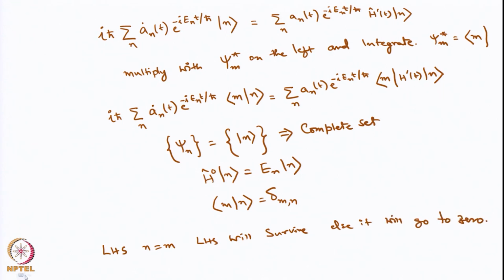Okay. So, the LHS will now be equal to Σ_n iħ ȧ_n(t) e^(-iE_n t/ħ) δ_mn. So, only when m is equal to n will this survive.